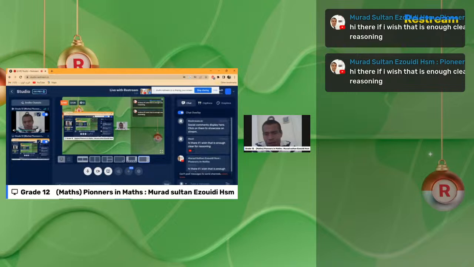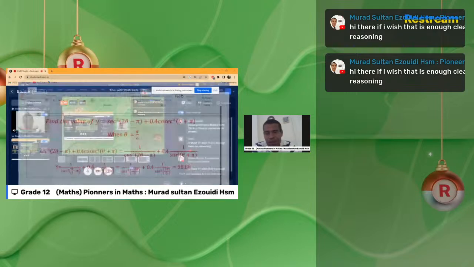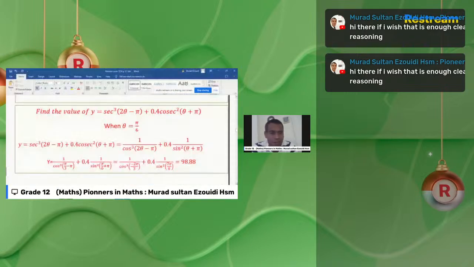Now, learners, you should think about the question, and I will give it to you next time. I wish that all of you will get this 98.88. Mr. Murad gave you an example of a function: sec cubed of (2 theta minus pi) plus 0.4 cosec squared of (theta plus pi), where theta is pi over 6.